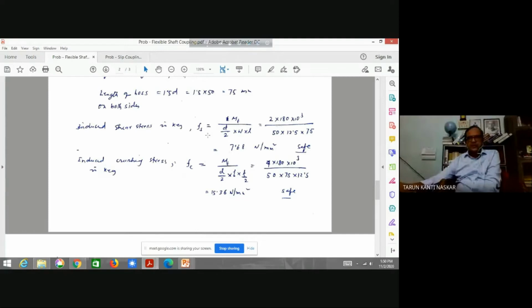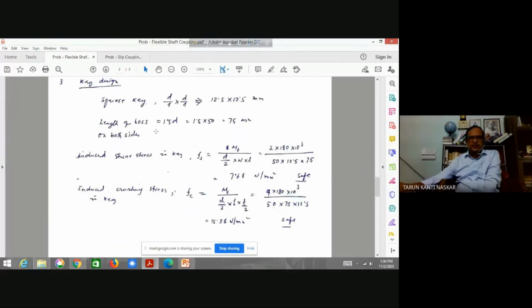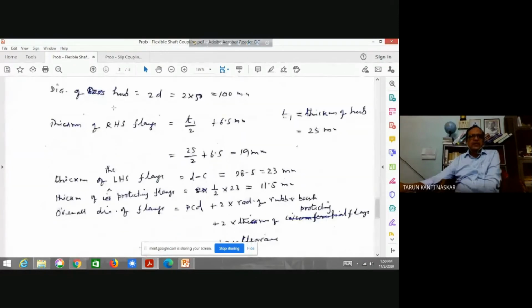So key design means we have to check it against shear stress and crushing stress, and you will see that both these stresses are lower than the allowable stresses, so they are safe. So the key design is complete. Then the diameter of hub is 2d. Diameter of RHS flange, that is also from the empirical relation.